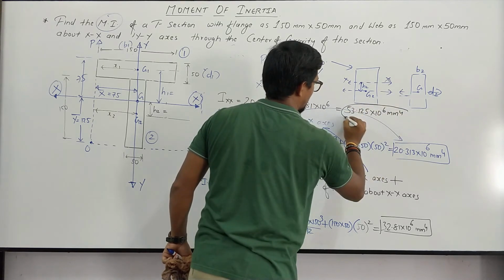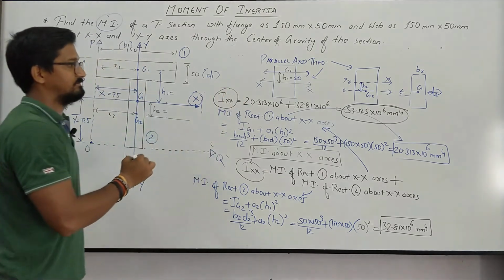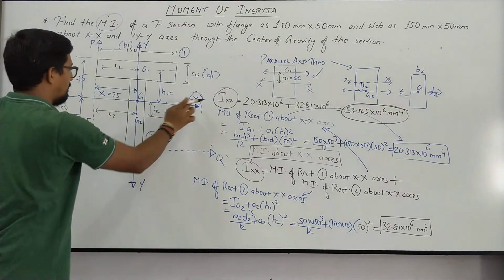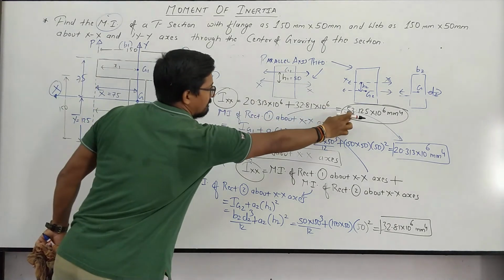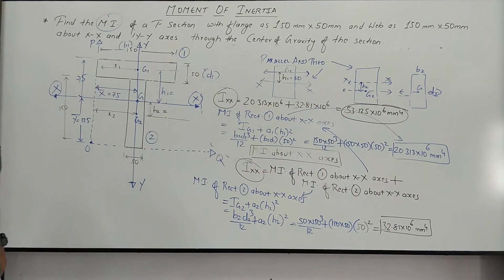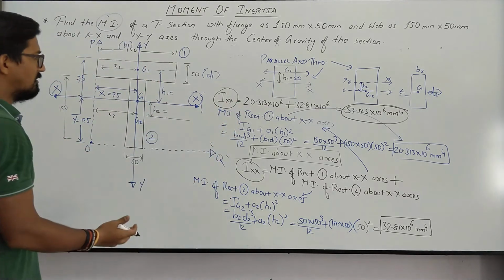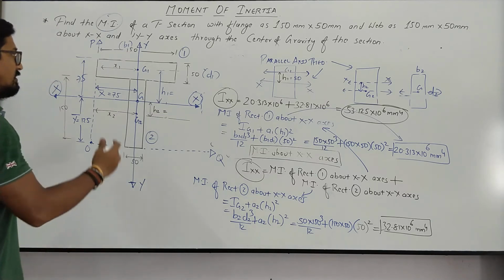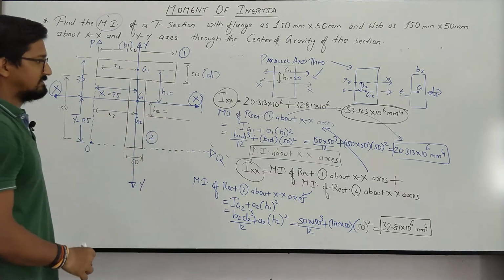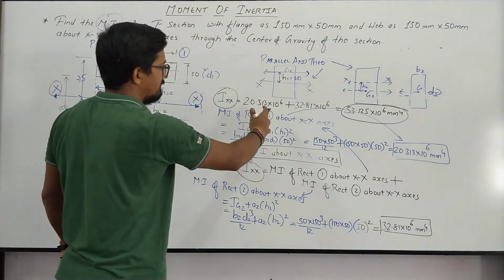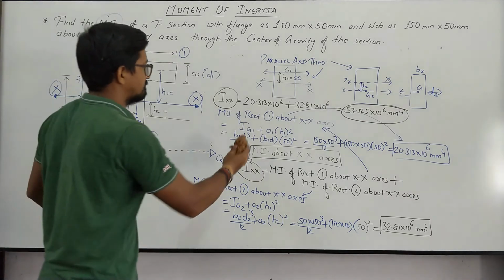So this is our final answer, this is Ixx. The moment of inertia about this axis is 53.125 into 10 raised to 6. Now this is all about the xx axis. Now we have to find the moment of inertia about the y axis, correct? This we have solved for xx axis. Now we will go for the y axis.